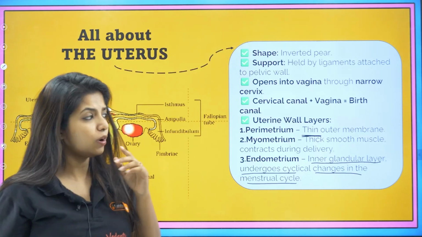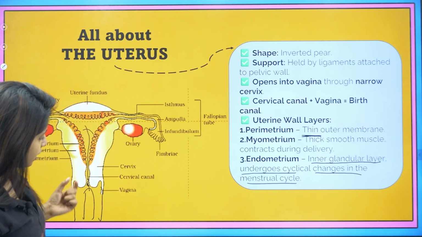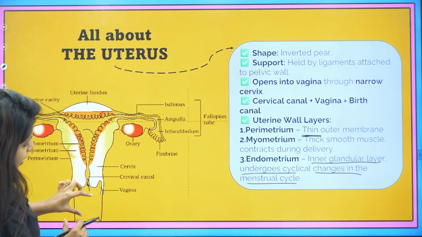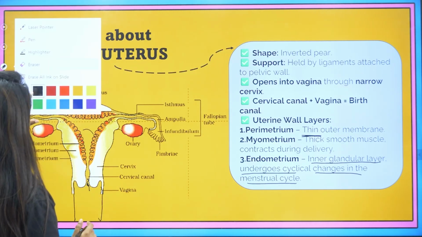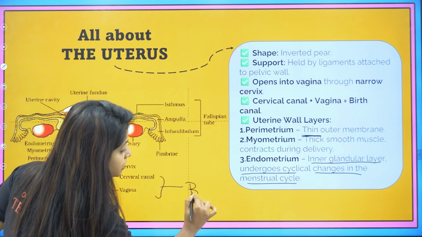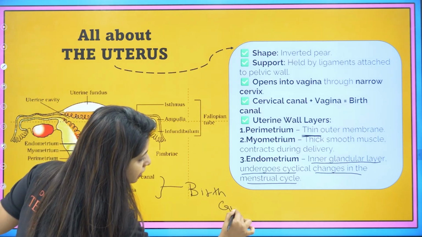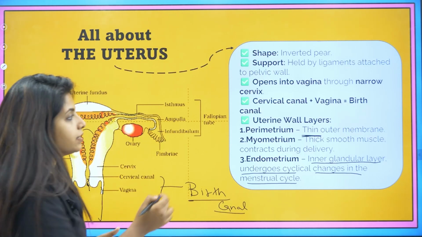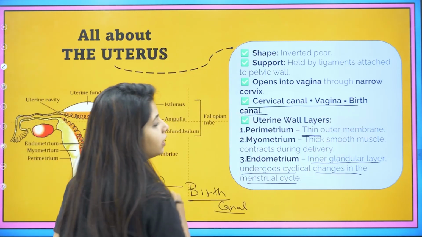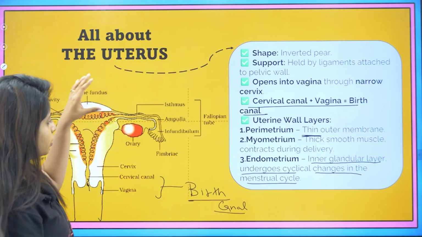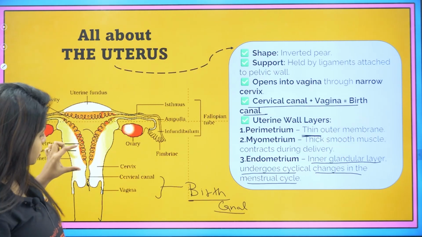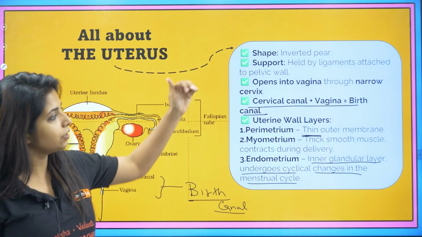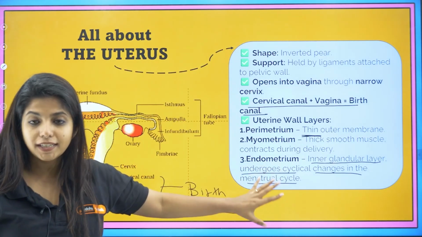Also remember one thing: the cervical canal and the vaginal canal together form something that is known as the birth canal. It is the birth canal through which the baby is born. Cervical canal plus the vagina gives the birth canal. It does not include the uterus, just the cervix part and the vaginal part. Then the uterine walls, about which we have already studied.